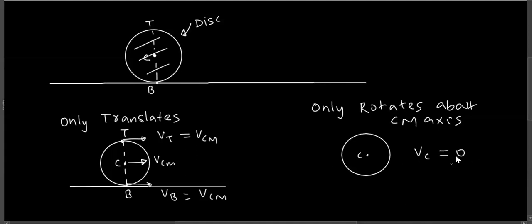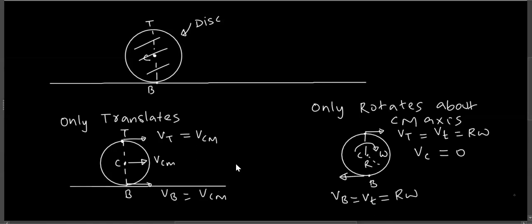Now, if I take a clockwise rotation with an angular velocity omega, the topmost particle will have tangential velocity. I'm using small letter t for tangential velocity, which, if r is the radius of the disk, would be r omega. The disk is spinning in the clockwise sense, so the bottommost point will have tangential velocity to the left, which is r omega.